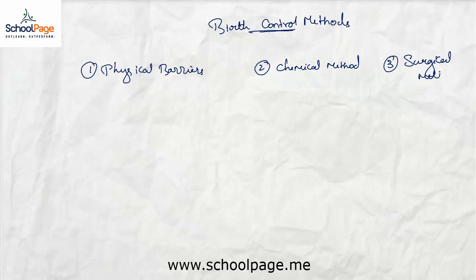So, surgery is used to prevent the pregnancy. These are the three main methods of birth control. Let us now understand these birth control methods one by one.